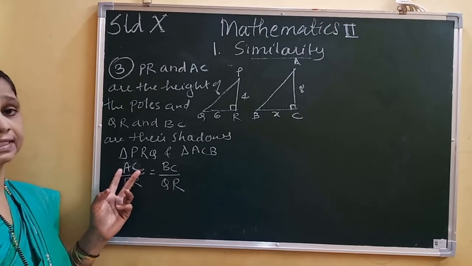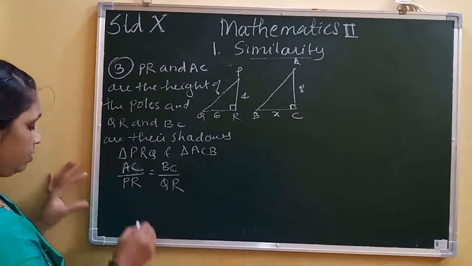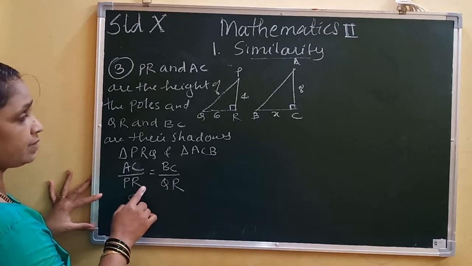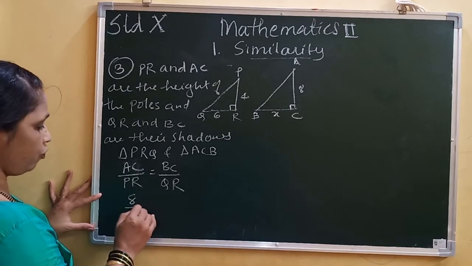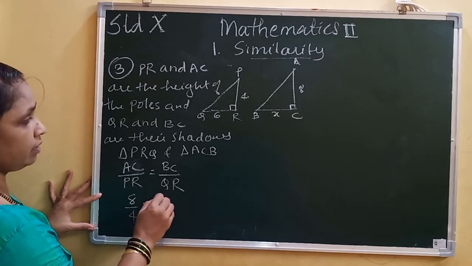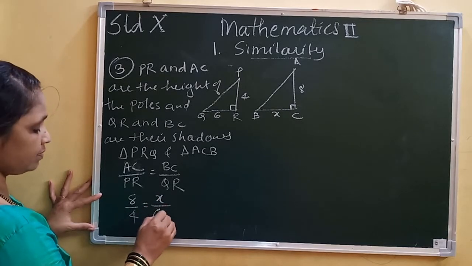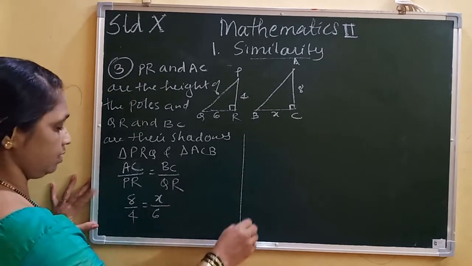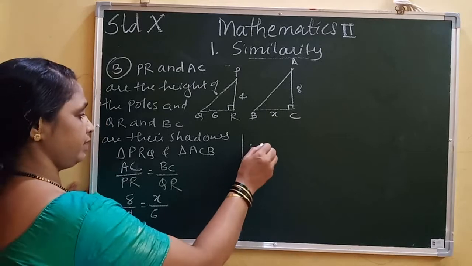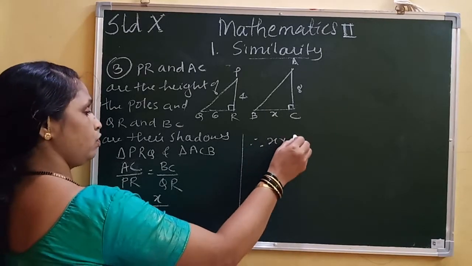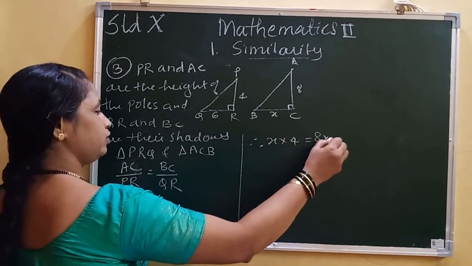Now here these measures are given. AC's measure is given 8 and PR's measure is given 4. BC's measure is X and QR's measure is given 6. Now what do we have to do? Cross multiplication. Now see, X into 4 is equal to 8 into 6.